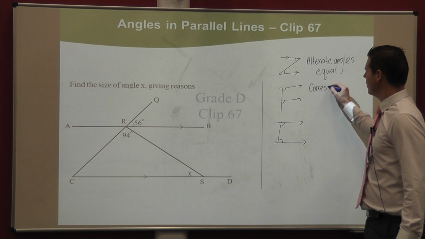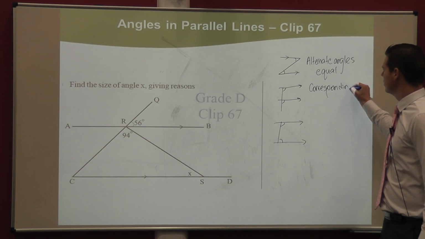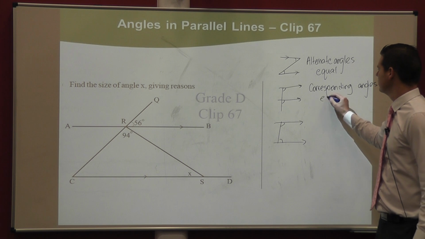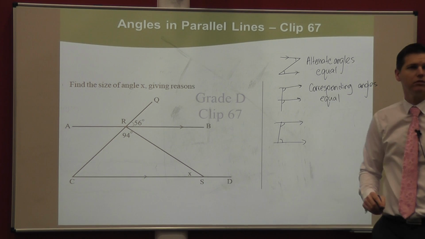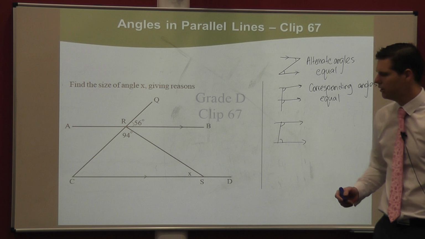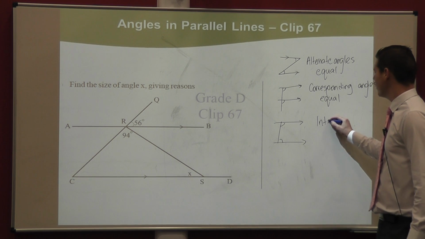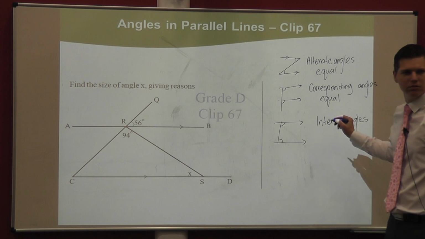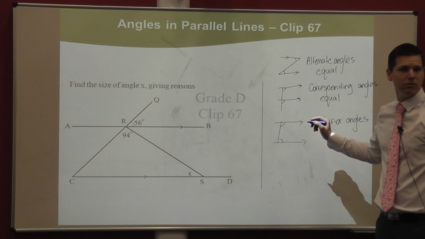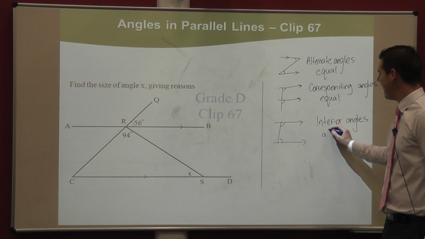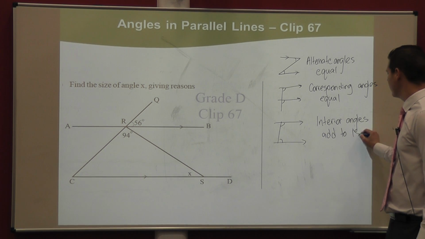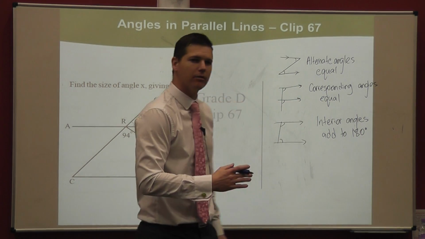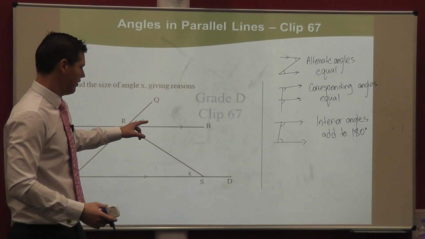Corresponding angles are equal. And the last one is interior angles. Are they equal? No. Interior angles add to 180 degrees. So you've got those 3 rules and 3 facts that you need to remember.